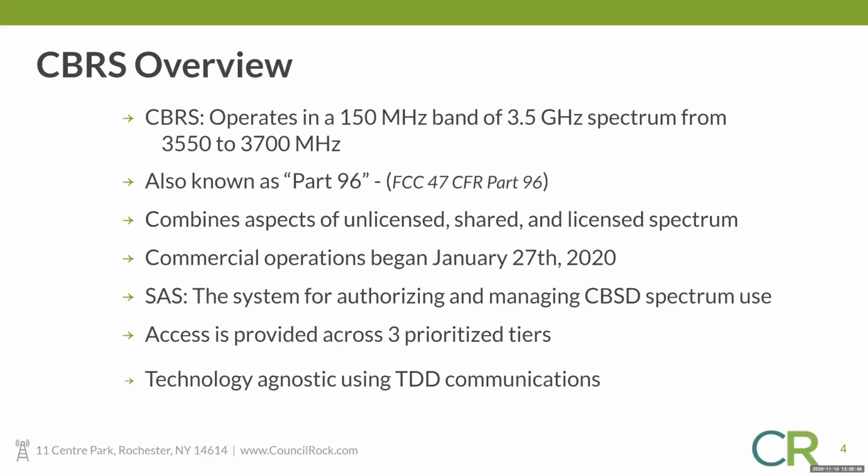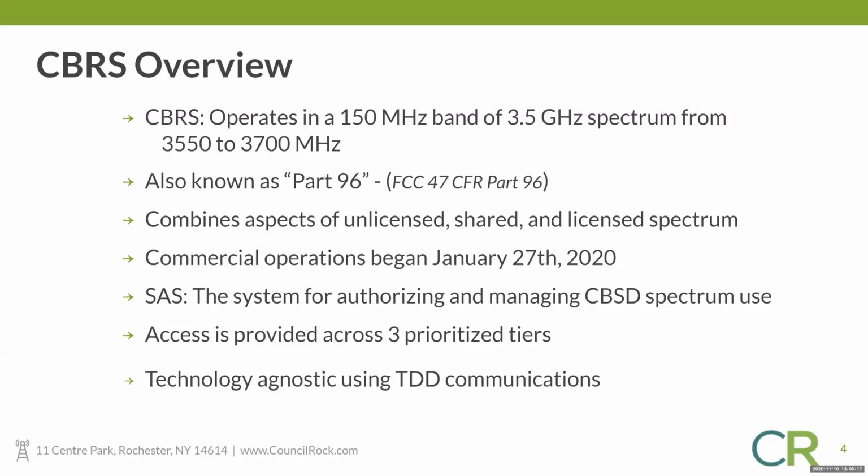This is also referred to as Part 96, the FCC 47 Code of Federal Regulations Part 96. It combines aspects of licensed spectrum, as you will see, shared spectrum, and unlicensed or license-exempt spectrum. Commercial operations for this band started in January of this year.